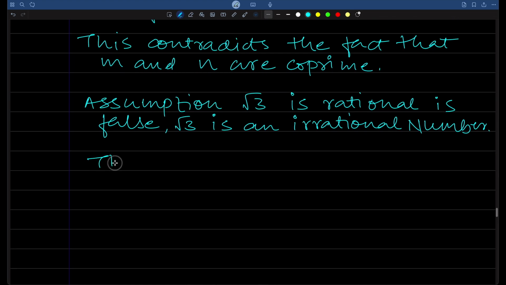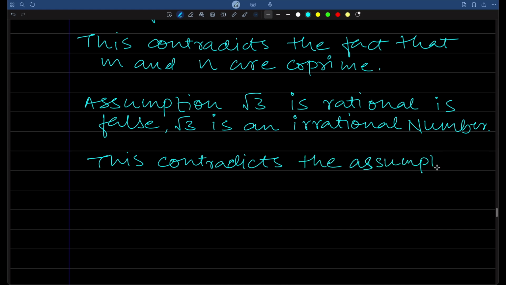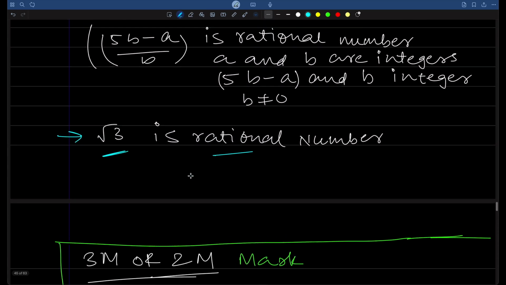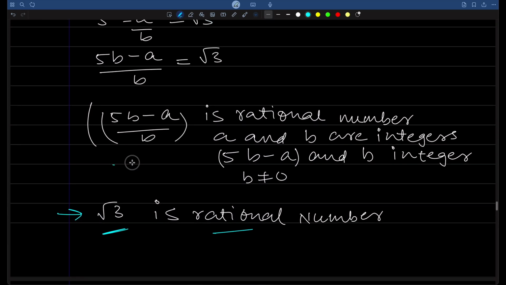And this contradicts the assumption that 5b minus a upon b is a rational number.